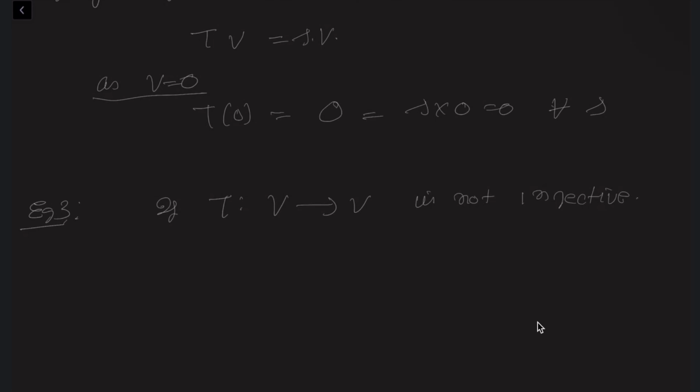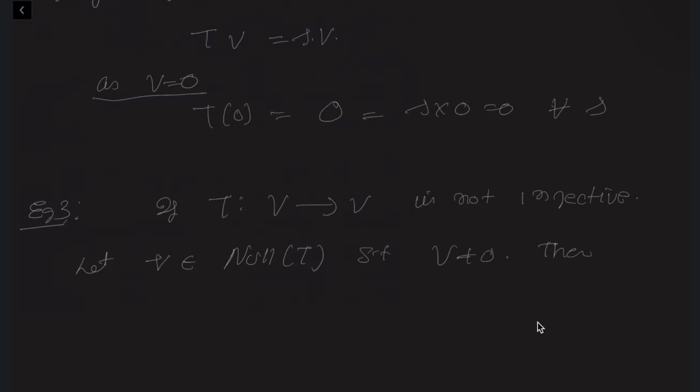And if your linear transformation is not one-one, what does it imply? It implies that its null space is a subspace which is more than just the zero vector. So let v belong to the null space of T, since T is not injective, such that v is non-zero.